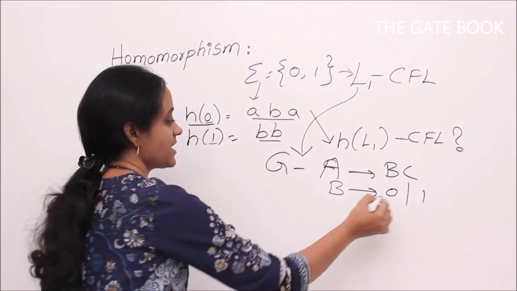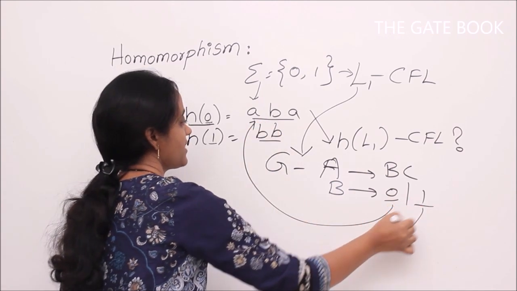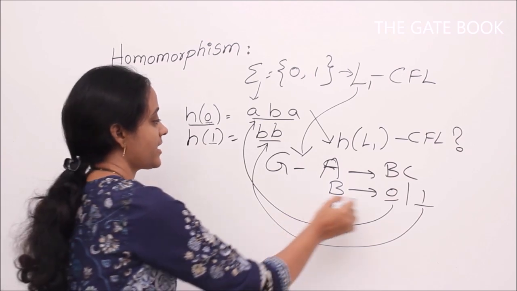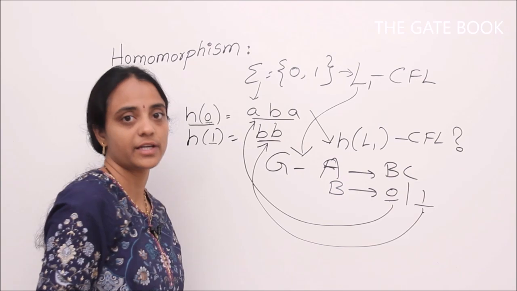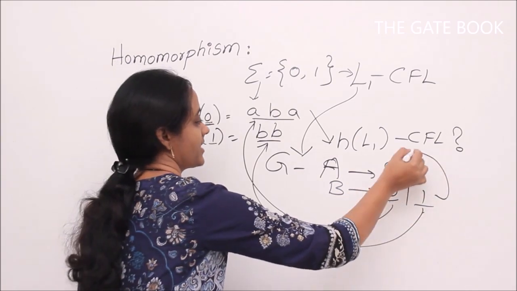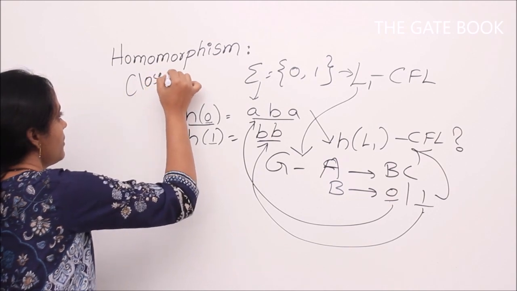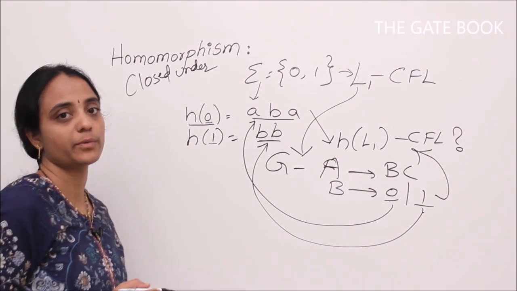So wherever we see 0, we will replace it with ABA, and wherever we see 1, it will get replaced with BB. So overall, whatever language we get after replacing 0, 1, it will still be a context free grammar, so it will be a context free language. So CFLs are closed under homomorphism. Now what about inverse homomorphism?